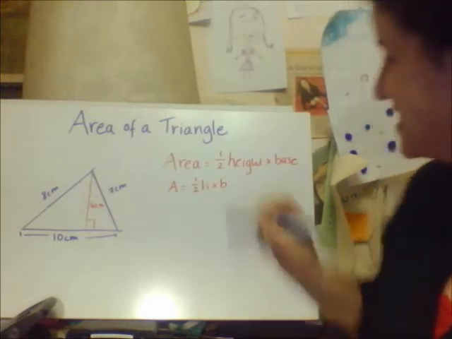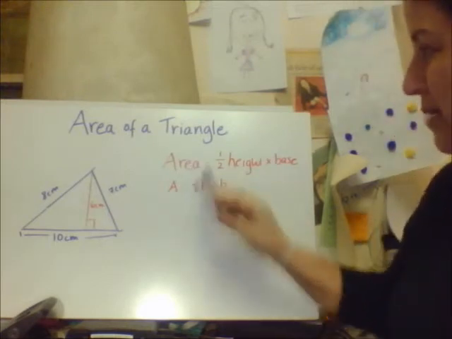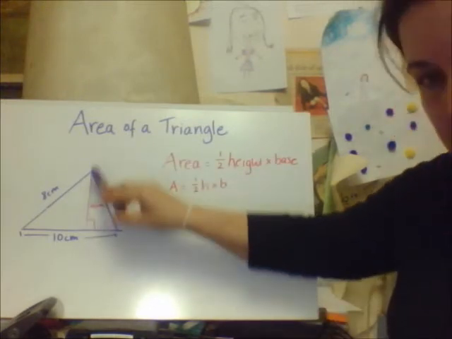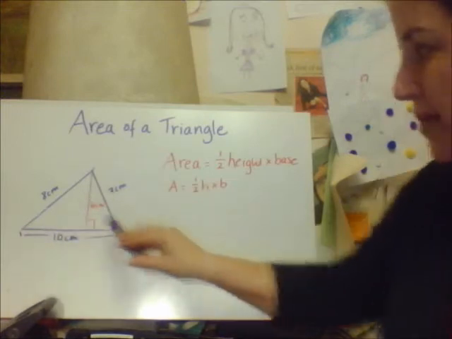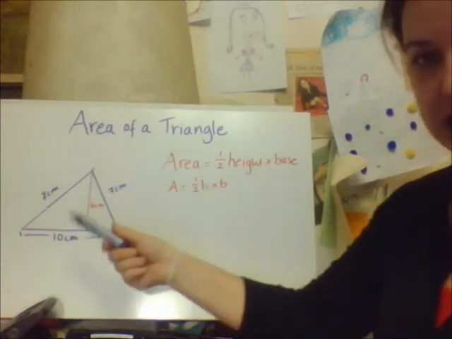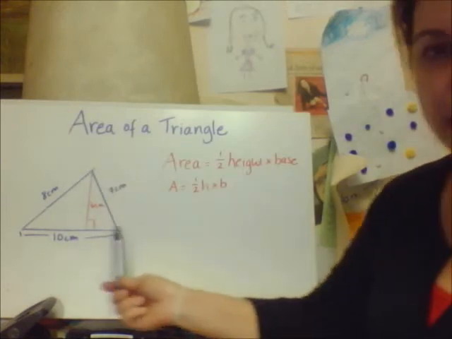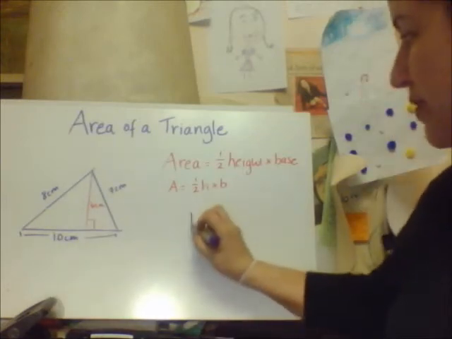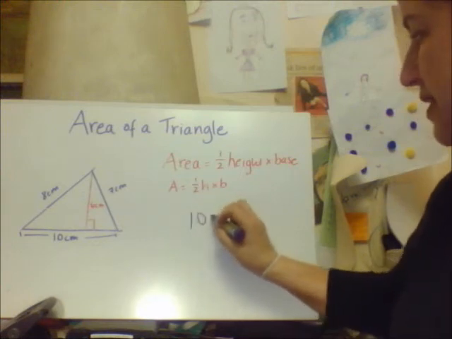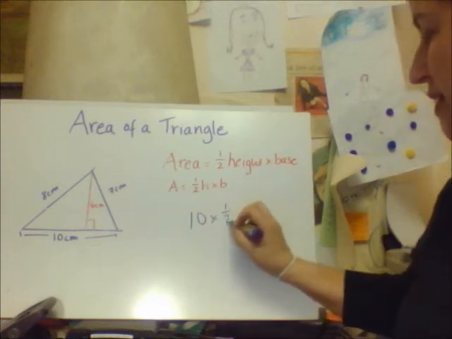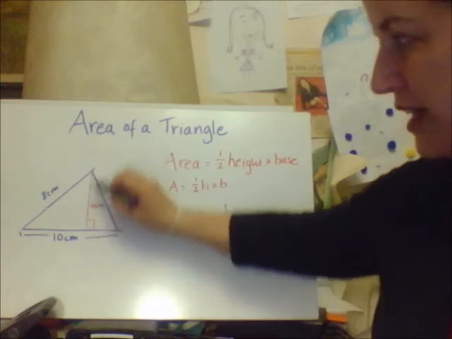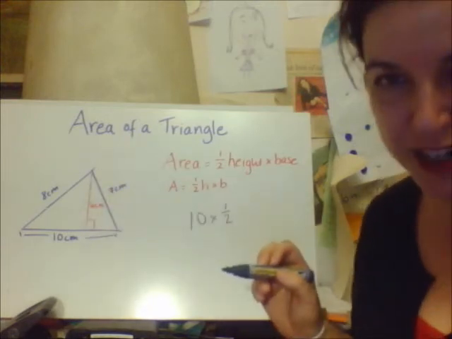Okay, so we want to calculate the area by taking half of that height and multiplying it by the base. So in this instance, you can see we've got 8 centimeters on this side, 7 centimeters on this side. Our base is 10 centimeters, so 10 for the base times half of the height, which here is 6 centimeters.